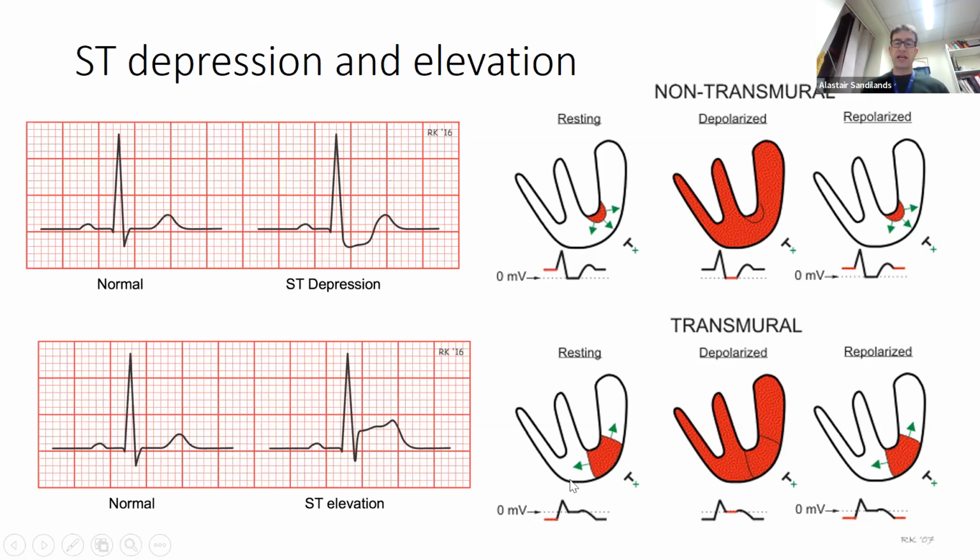So in our resting state, we have a full thickness infarct, okay, full thickness of the muscle. The blood flow is completely occluded to the area of muscle. The wave of depolarization is going away from the recording lead. So in our initial QRS, our line is starting below 0, okay? Then we have our R wave and the rest of the depolarization.